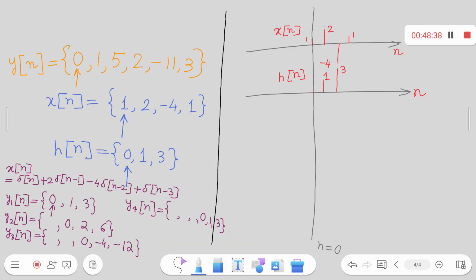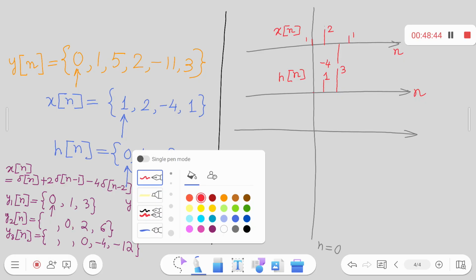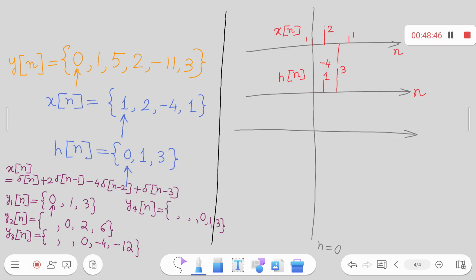You fold this signal H of n, and we call this signal H of minus n. How does it look like? H of minus n. I am going to represent H of minus n. How does it look like, H of minus n?